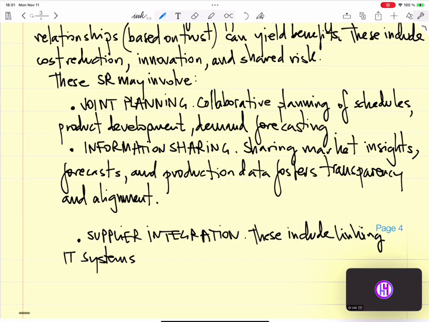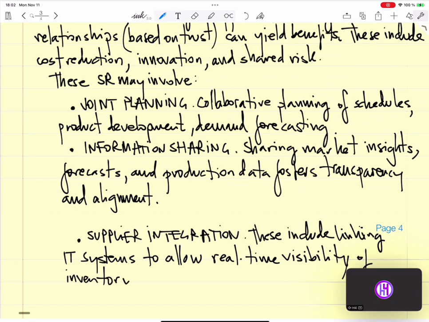So two suppliers work together with SAP to allow real-time visibility of inventory, or of inventory management, or working together on product development.